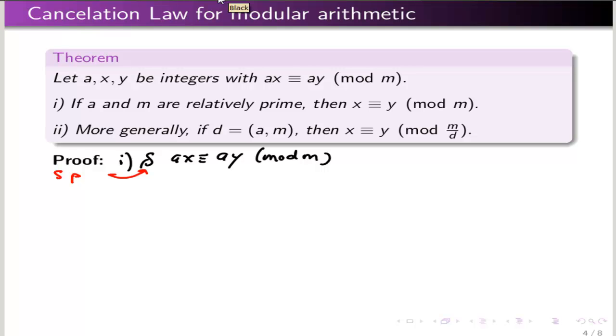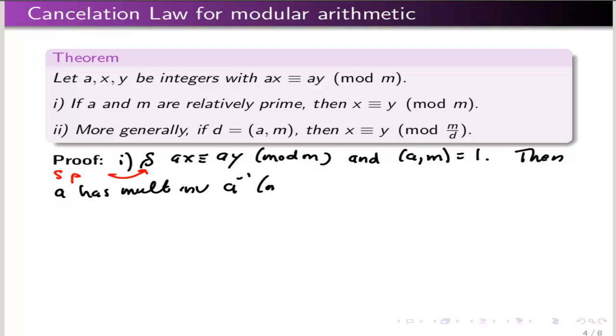Well, if a and m are relatively prime, that's another assumption, then a has a multiplicative inverse mod m.